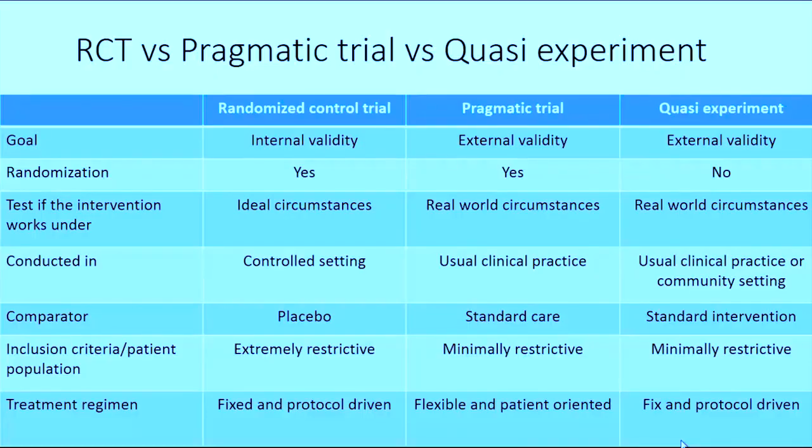And here, we give the intervention fixed and protocol driven, while in pragmatic trial, we have more flexibility of the intervention, trying to accommodate the existing setting, and in quasi-experiment, usually it's a bit more fixed and protocol driven.